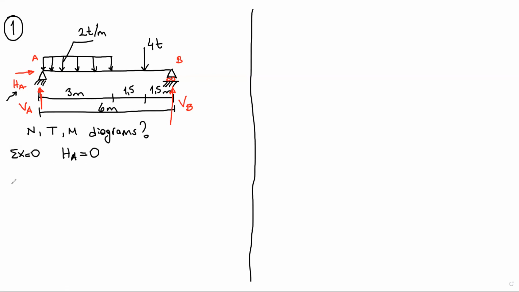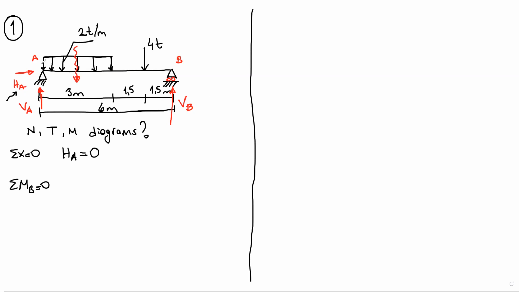Now, we can do the vertical support reactions. So we have point A and point B. Let's do the total MB equals 0. Remember, for the pin and roller support, the moment is 0 on these supports. Okay. So we have a uniform distributed load. We have to convert it to concentrated load.